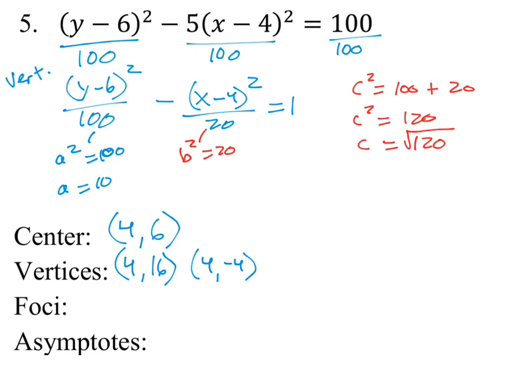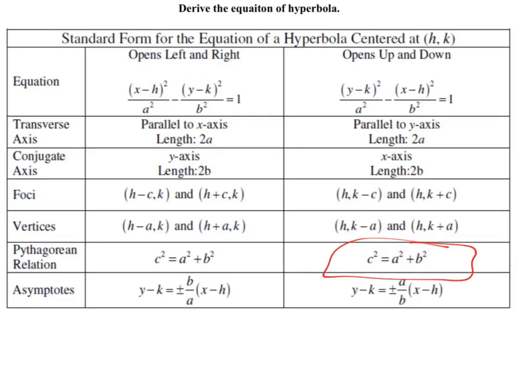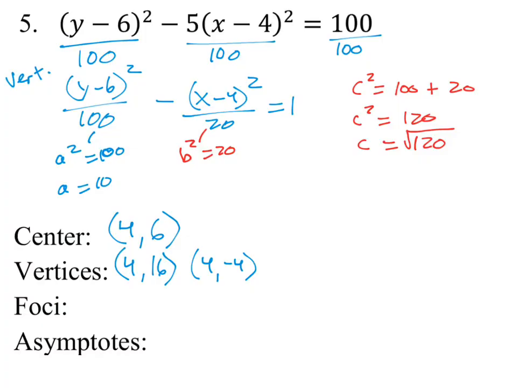That is the precise value, and you can plug that into your center. Again, since it's a vertical one, you're going to take your y value and add and subtract the c value. And that's from the notes here. All right, we got our foci, are these c values. Sorry, the vertex plus or minus the c values on the y part.